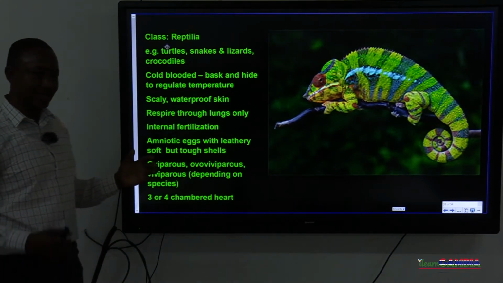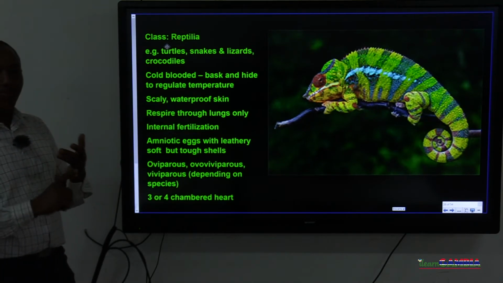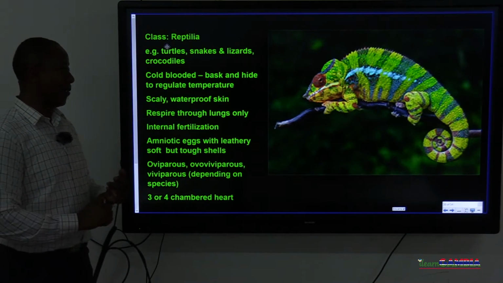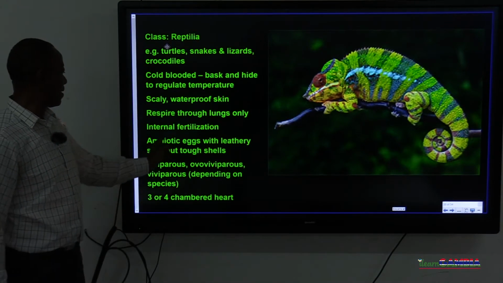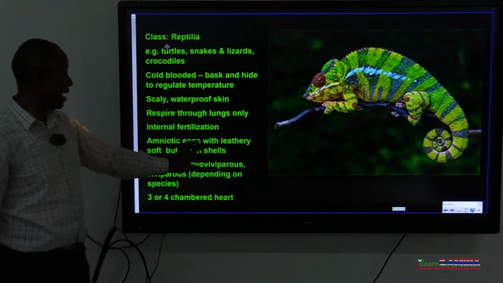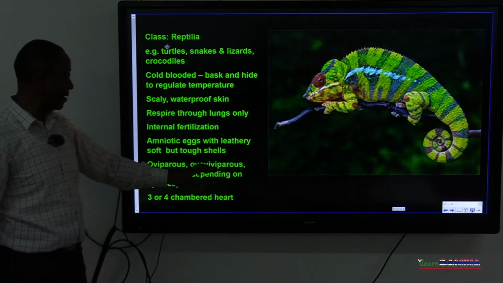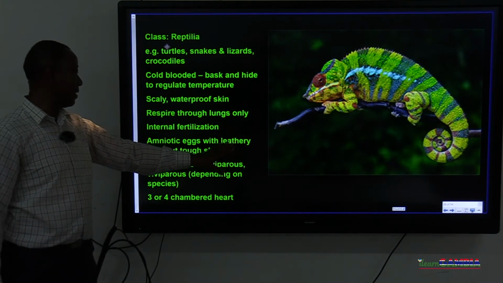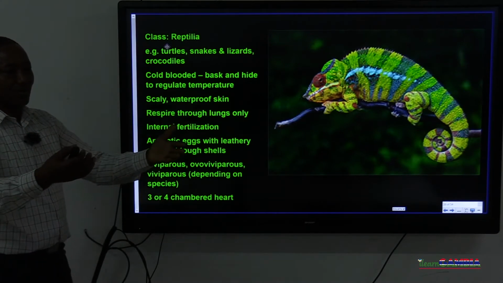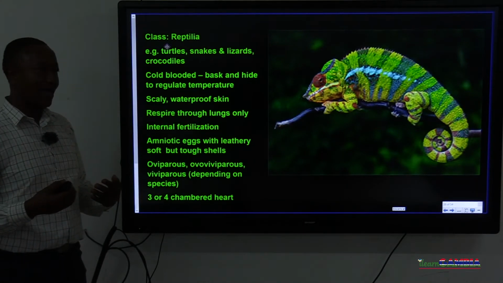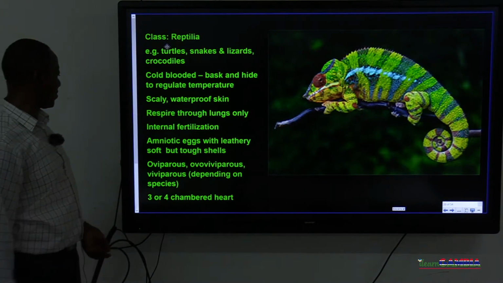That has helped them, particularly to conserve water, because when they lay the eggs, there is the danger that the eggs will dry out. But because of the amniotic sac around the eggs, and because the shell is a little bit soft and leathery, it is capable of absorbing moisture from the surroundings, and hence it's able to survive.